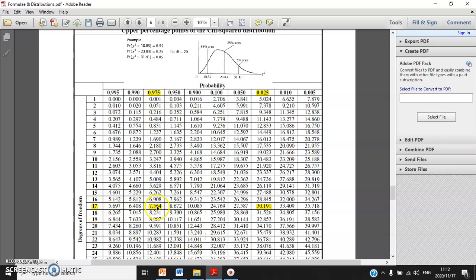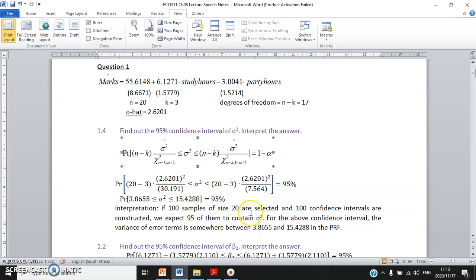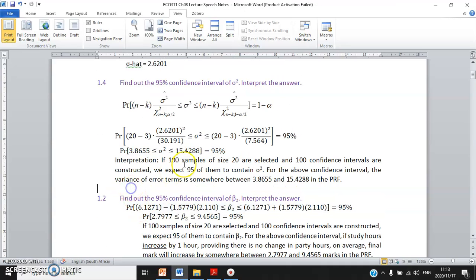This is why you get the second chi-square stat as 7.564. Okay, happy with that? Later we would use the t table. Okay, so 7.564, and then this is how you derive the confidence interval, and then you can do a little bit of interpretation. So let me stop for 15 seconds to see if you can understand the interpretation.